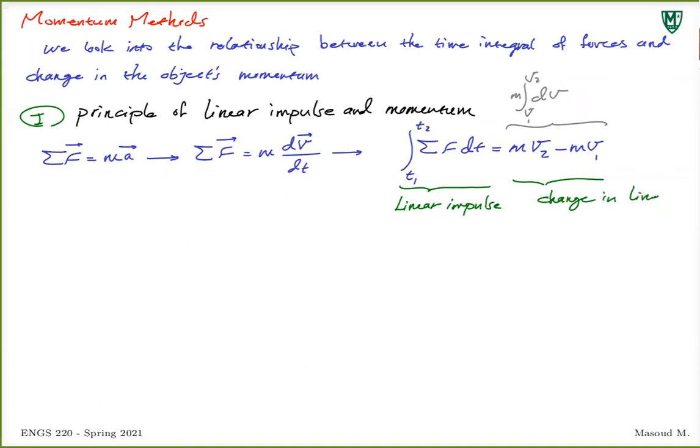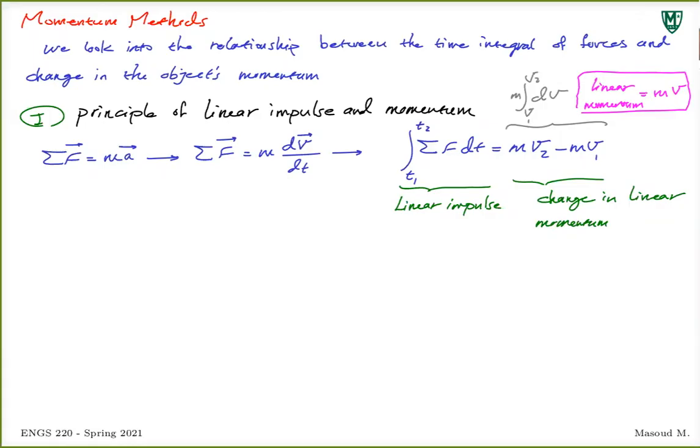Momentum, linear momentum, depends on who you talk to, they represent it with different parameters. So I'm just going to write it as linear momentum is equal to mv. This is the definition of linear momentum. So mv2 minus mv1 is the change in linear momentum.